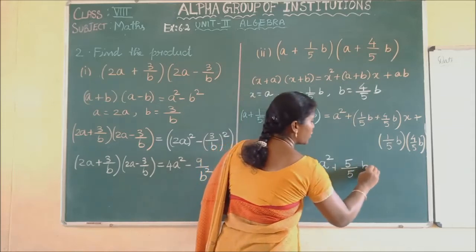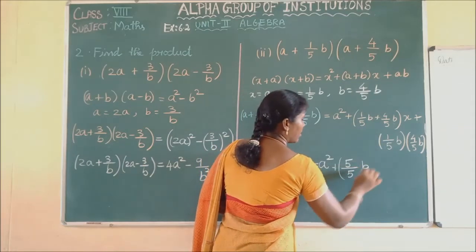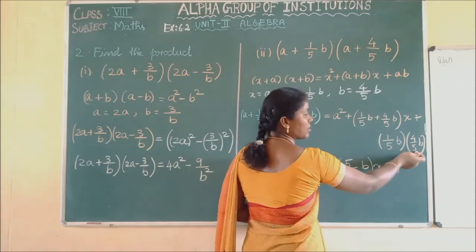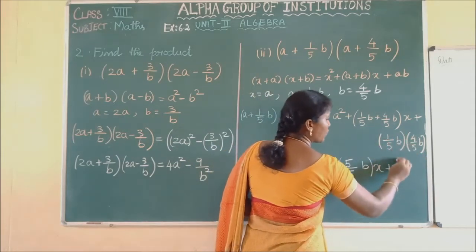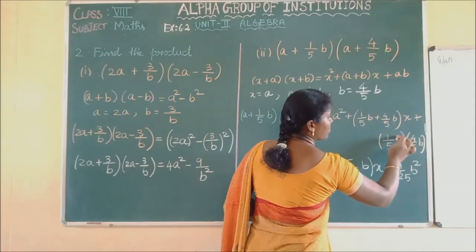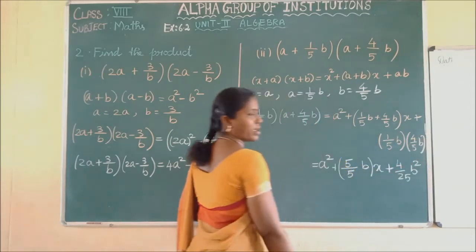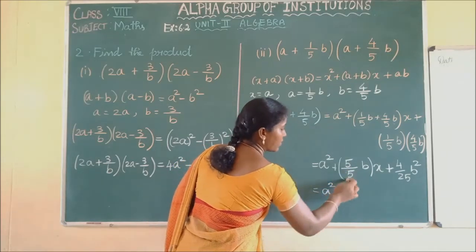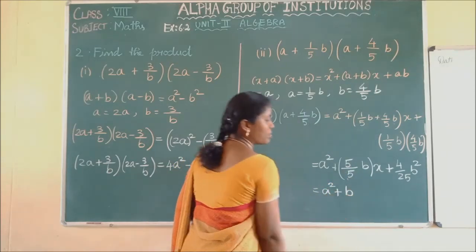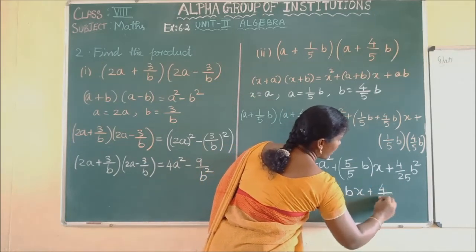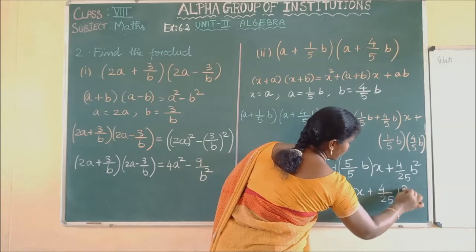So 5 by 5 into b into a, plus. Now multiply these two terms. 1 into 4 is 4, 5 into 5 is 25. We are having b two times, b power 1, b power 1, that is b square. Now simplify this: a square plus, 5 we cancel, so simply we can take it as bx plus 4 by 25 b square.